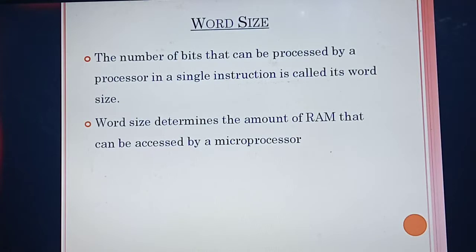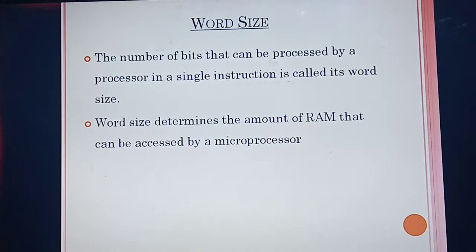The next one is word size. The third heading is word size. The name itself has word size, so the size of the word. You have already studied that input is always given in the form of binary bits. So the number of bits processed by a processor. All the things you are giving are instructions or commands, isn't it?